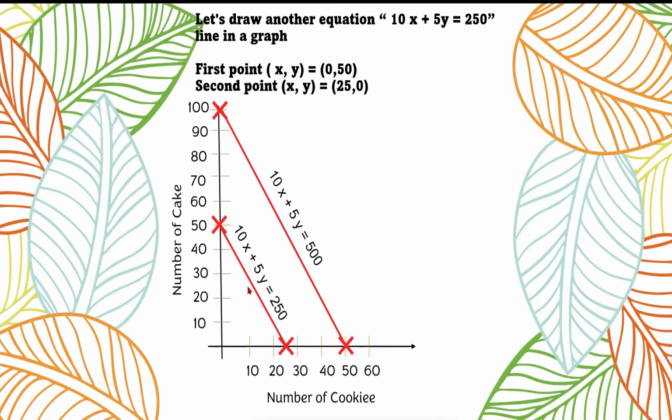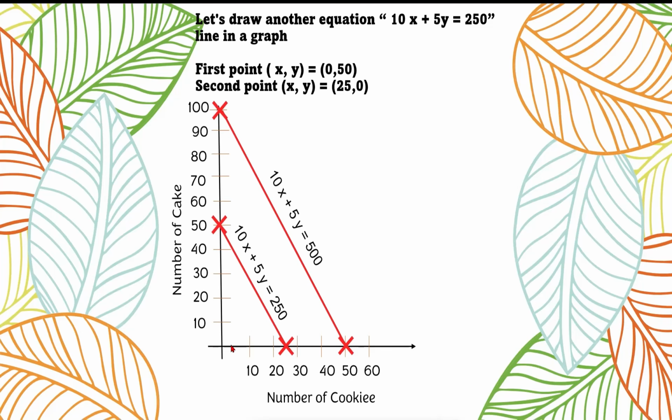As you can see, both lines are parallel. And one thing that you need to understand is that if the line moves in the upward direction, that means our contribution will be more. But if it moves towards the origin, that means our contribution will be less.